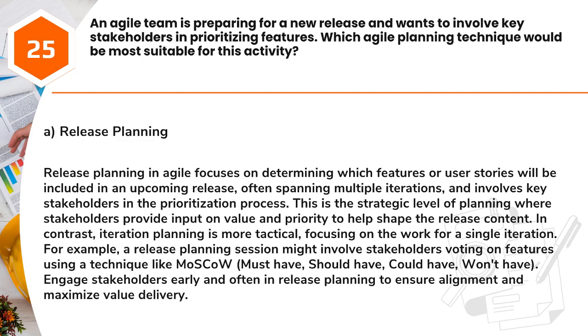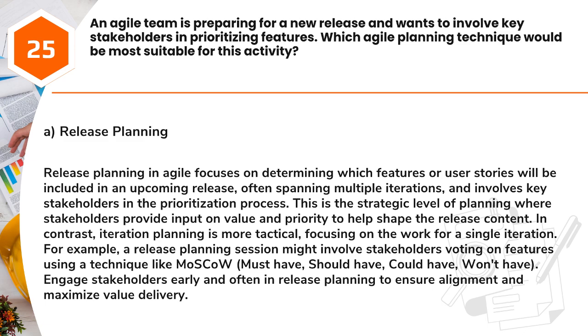Answer: A. Release planning. Release planning in Agile focuses on determining which features or user stories will be included in an upcoming release, often spanning multiple iterations, and involves key stakeholders in the prioritization process. This is the strategic level of planning where stakeholders provide input on value and priority to help shape the release content.